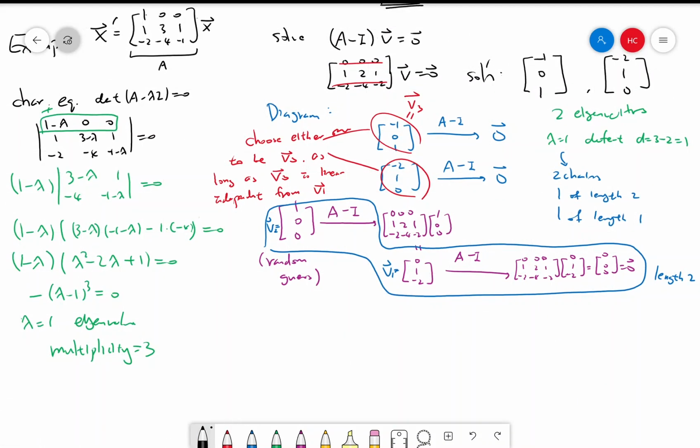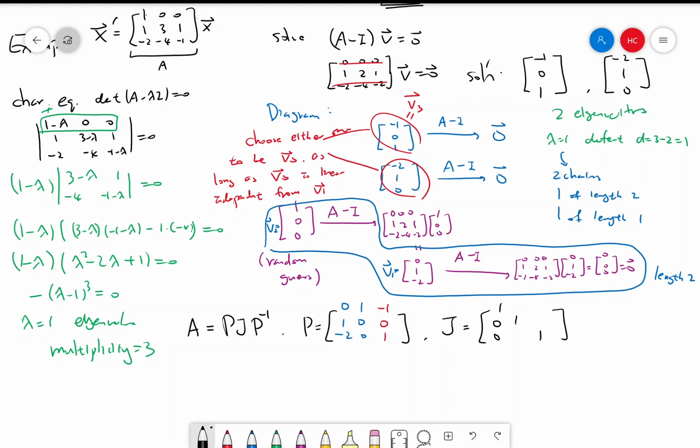So A, our matrix, can be written in Jordan normal form. P is the matrix with V1 being the first column, V2 being the second column, and V3 being the third column. In the Jordan form, the diagonal is the eigenvalue, which is 1, 1, 1.